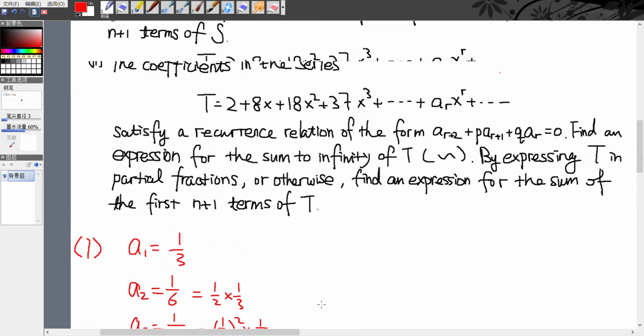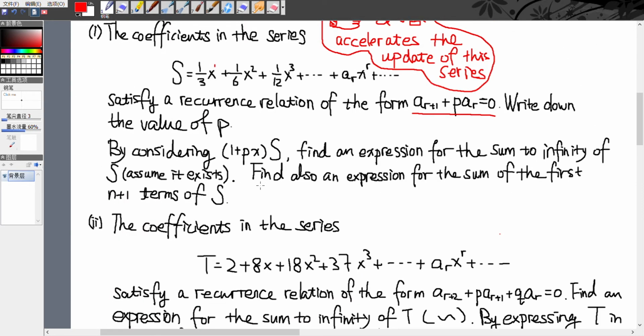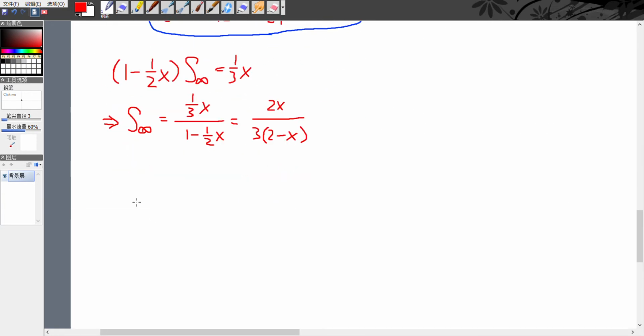Okay, so the next question is saying that find also an expression for the sum of the first n plus 1 terms of S. So we are asked to find the first n plus 1 terms of S. So now we need to find S_{n+1}, which is simply 1 over 3x plus 1 over 6x squared plus dot dot dot plus all the way to A_{n+1}x to the n plus 1.